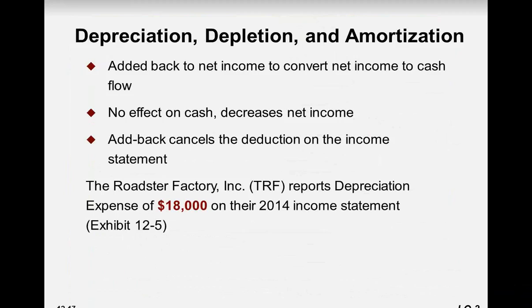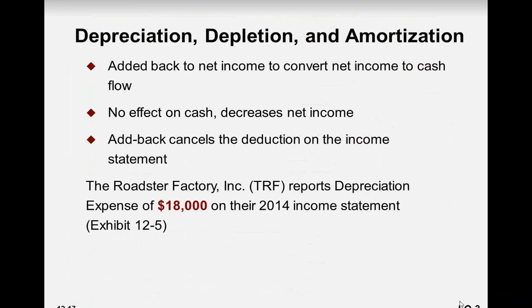Okay, so because we have some of those items, which are the gain on the sale of the plant asset and the depreciation, we need to remove the effect of those from our net income.